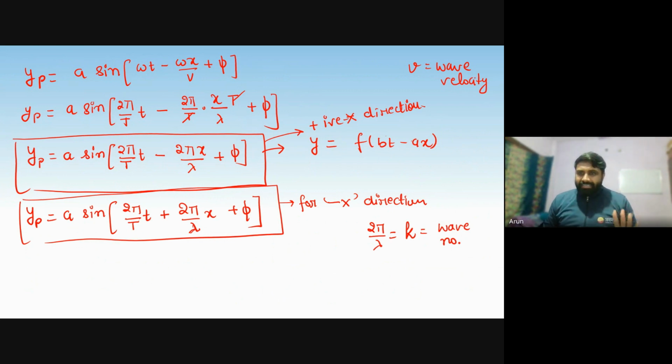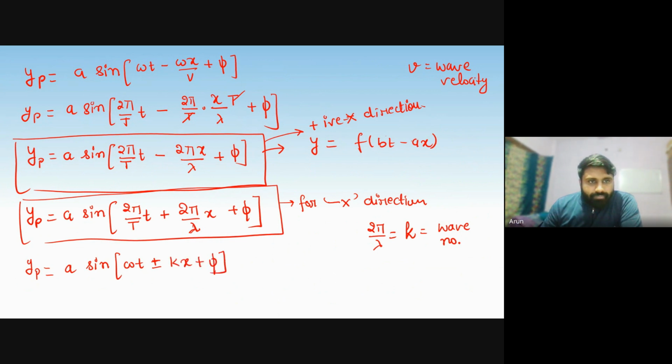Okay, that is all. Now, if you modify this with 2 pi by lambda, you can say y is equal to a sine omega t plus minus kx plus phi. So this is the final wave equation.